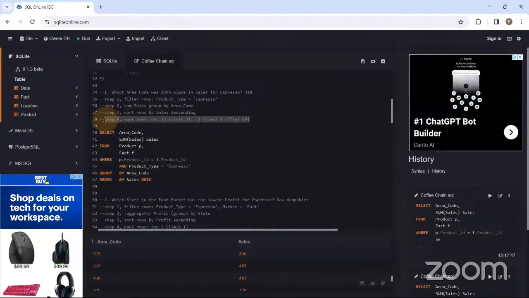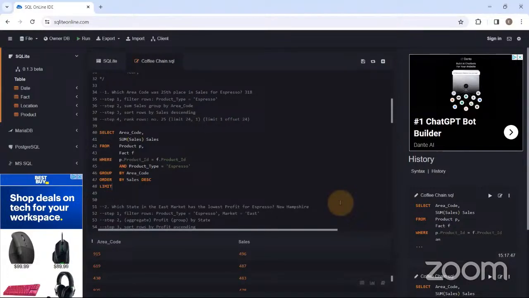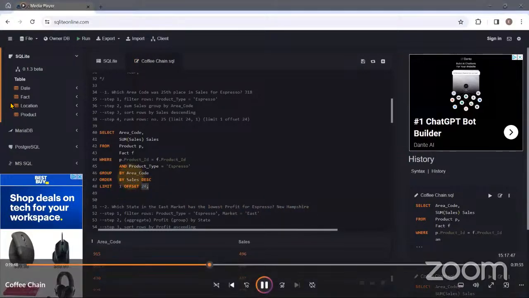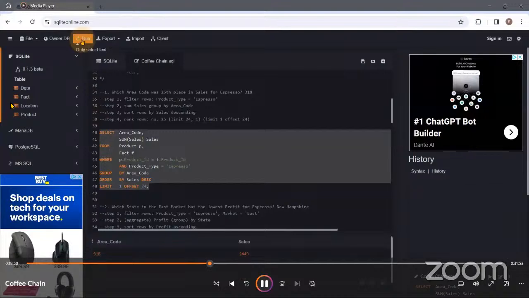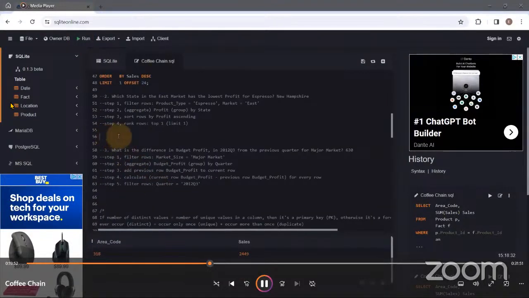Step 4, rank rows. I'll use limit offset. In order to select the 25th row, I'll skip the first 24 rows, start from the 25th row and return just 1 row. Run it, and area code is 318.